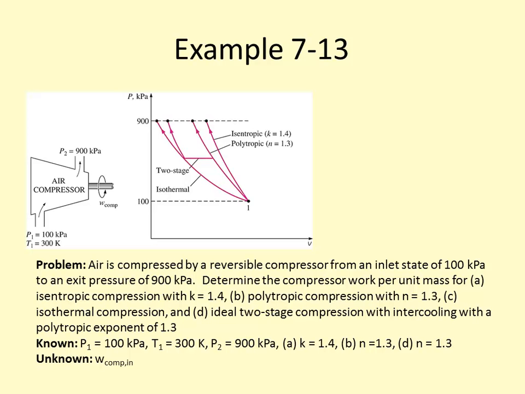So this is the case where we have two different compression stages. We're compressing to some intermediate pressure, cooling back down to T1, and then compressing it again. If we were to analyze that, it'd be two separate stages.